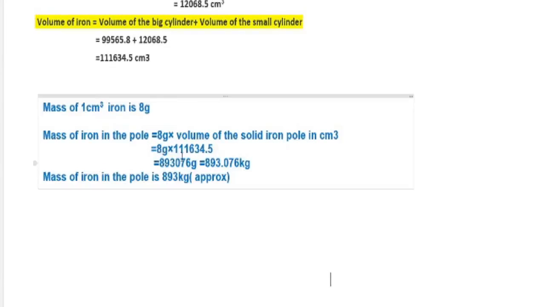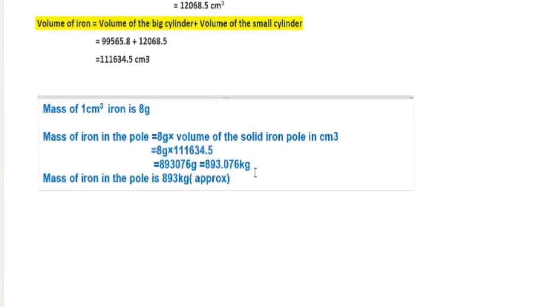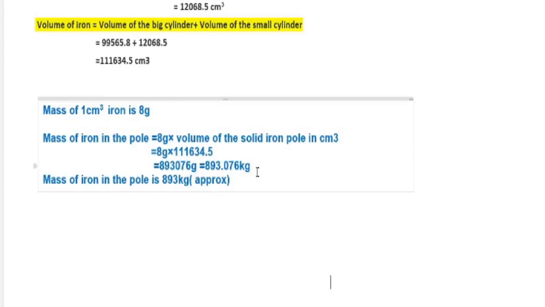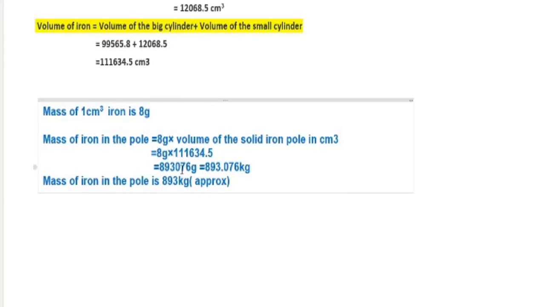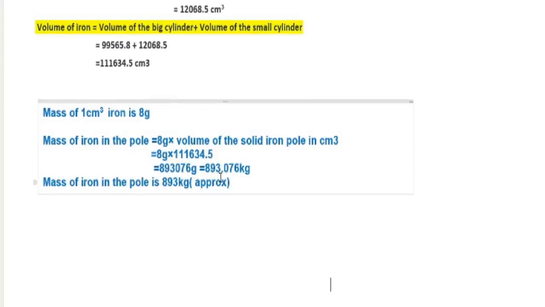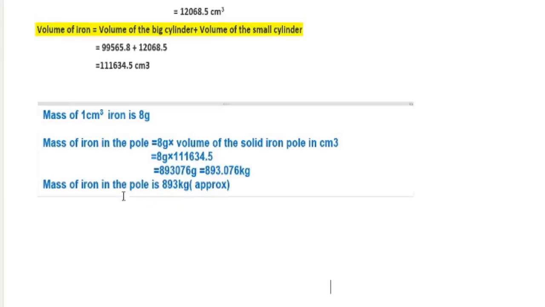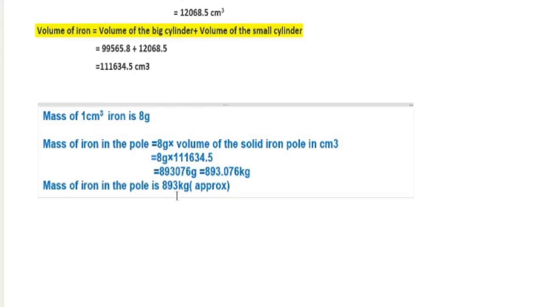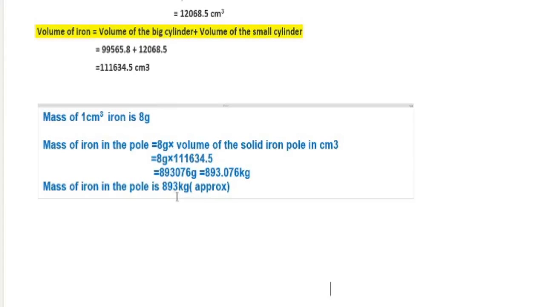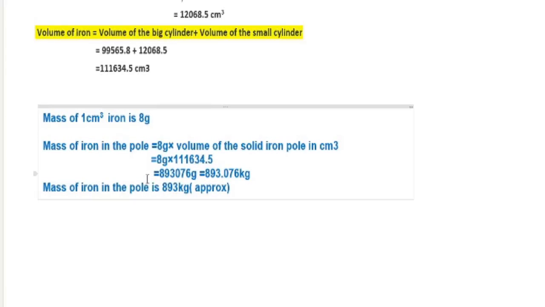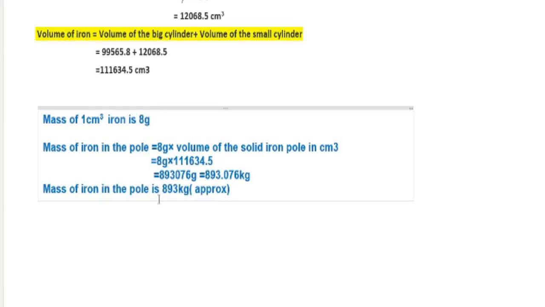This gram you have to convert into kilogram. 1 kilogram is 1000 gram. So you divide it by 1000, you will get 893.076 kilogram. That means you can write the mass of iron in the pole is 893 kilogram approximately.